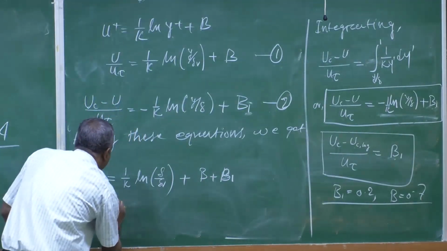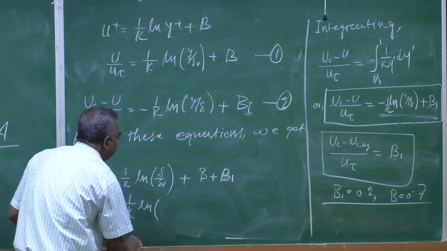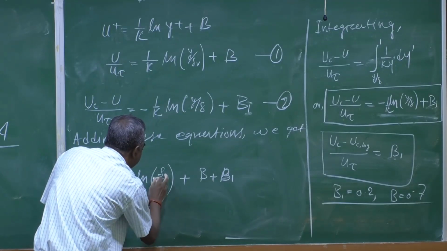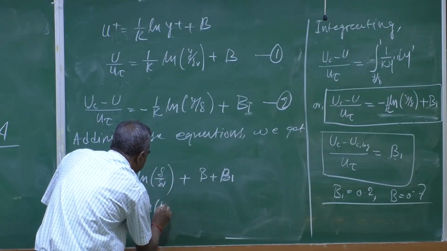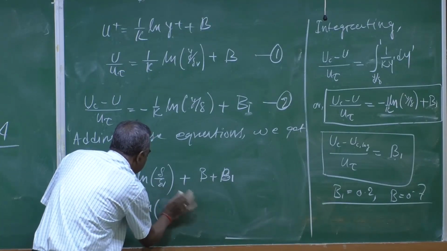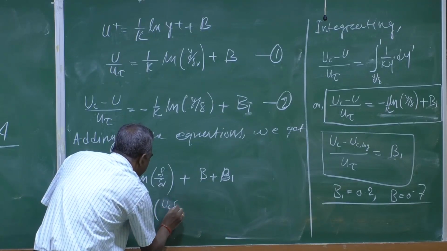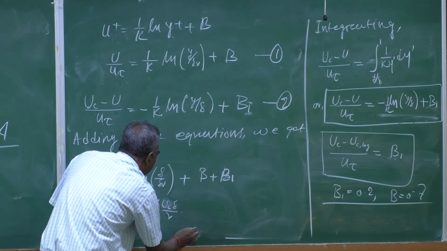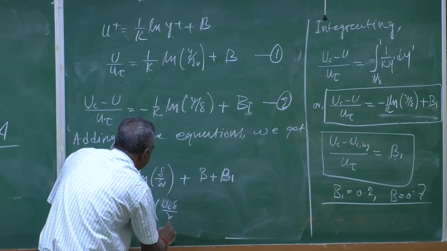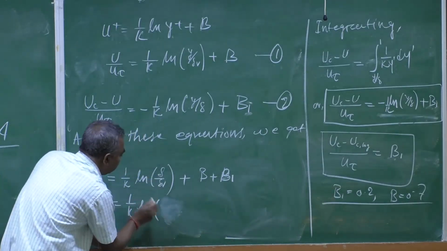If we now do a little bit of algebra, we can write this as ln u c delta by nu, or let us do another line.